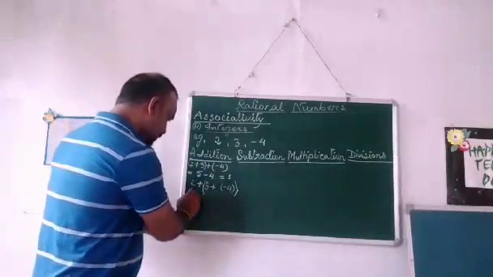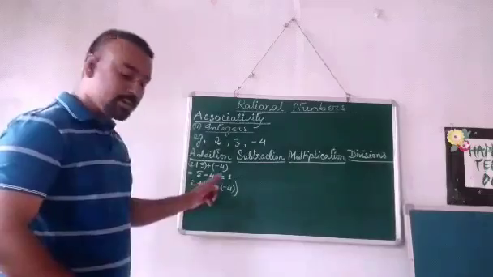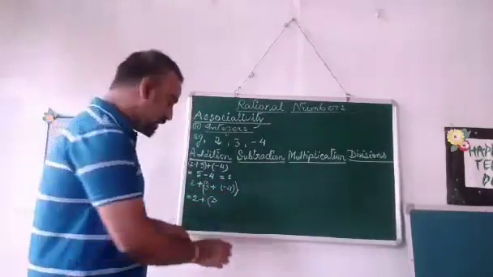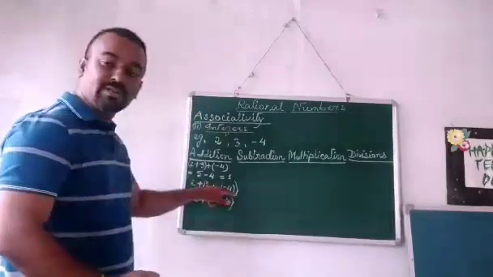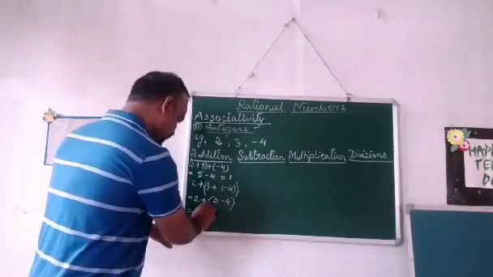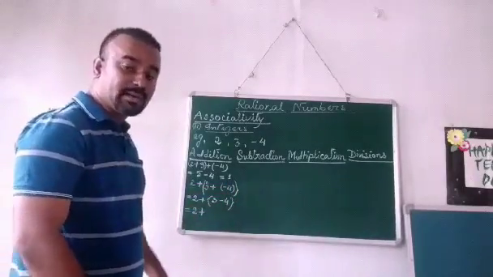Okay, so it will be 3 plus minus is minus. 3 minus 4 inside the bracket. 3 minus 4 equals minus 1.